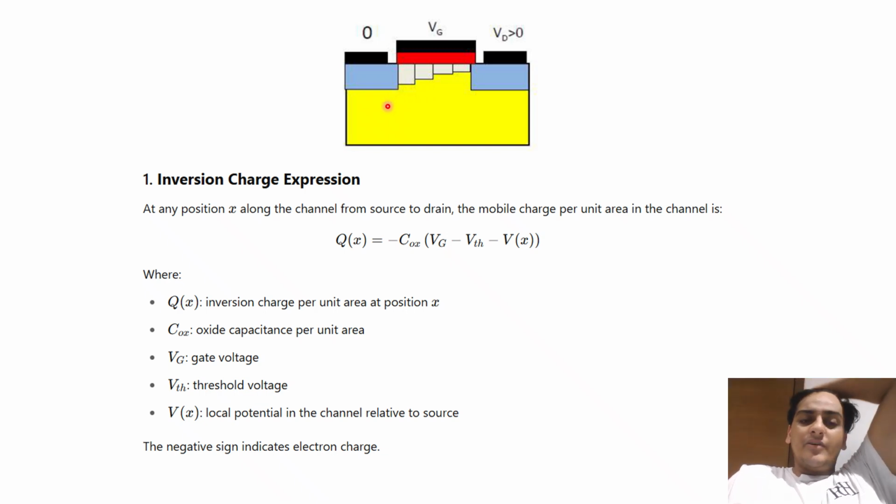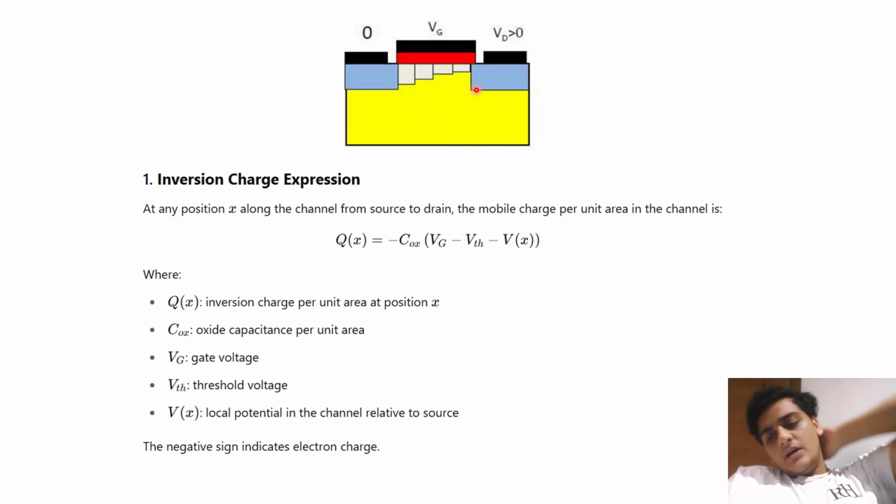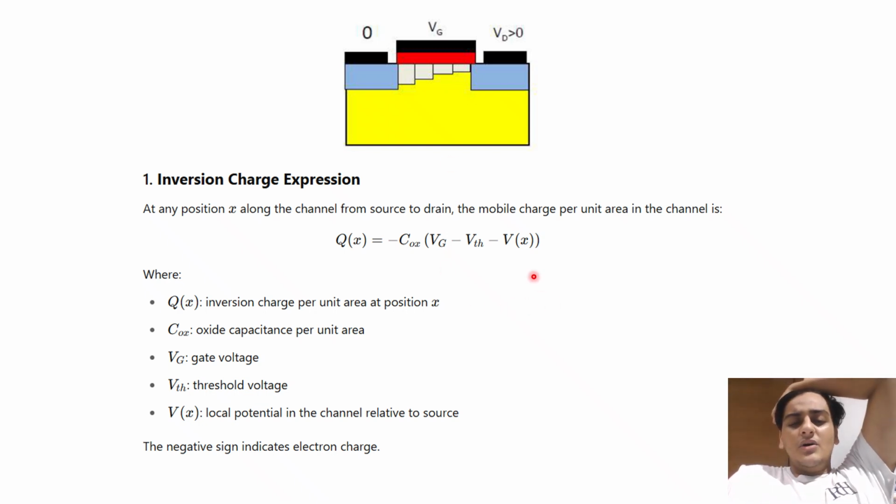Now, the first thing we want to do is write the inversion charge at all these locations. The threshold voltage was essentially used up in creating the inversion layer.